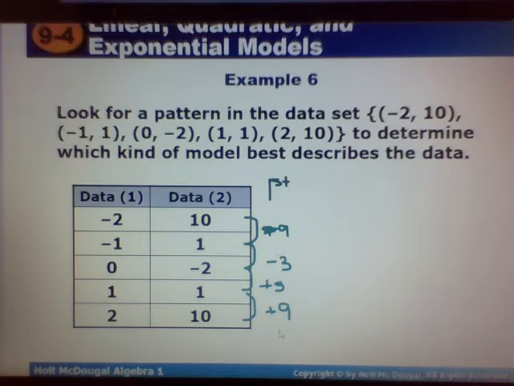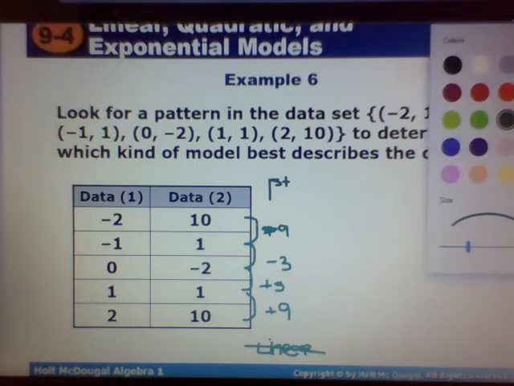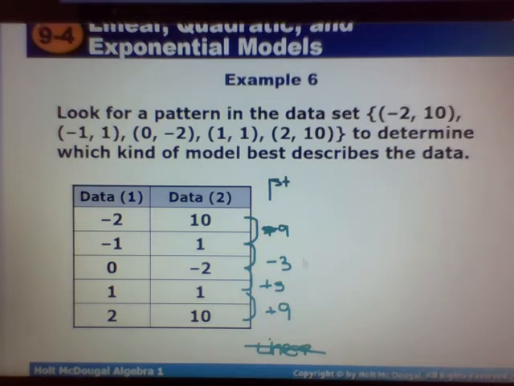And so our first difference doesn't work, and so in that case, it's not linear. So then we move on and try our second difference. Between negative 9 and negative 3, you'd add 6. From negative 3 to positive 3, you'd add 6.